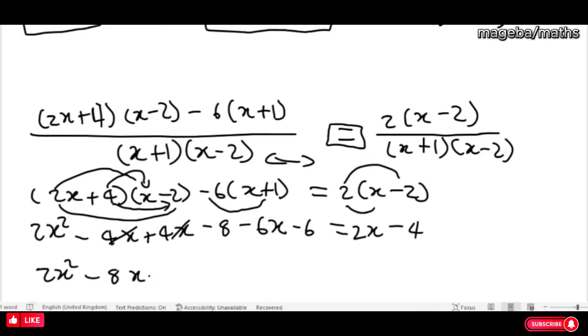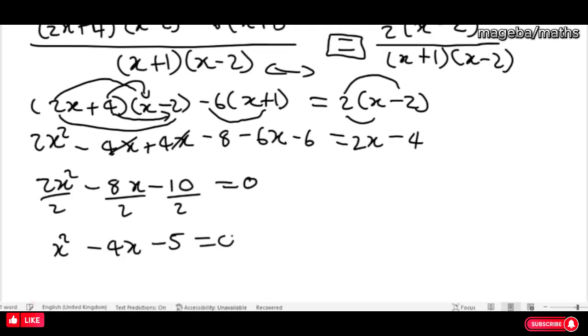Then from here, we just erase this. And from here, I can divide by 2 here, I can divide by 2, I can divide by 2, which I'm going to have x squared, and then minus 4x, and then minus 5, then equals to 0.